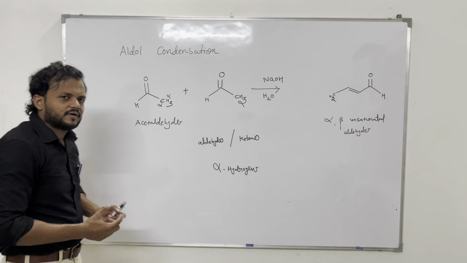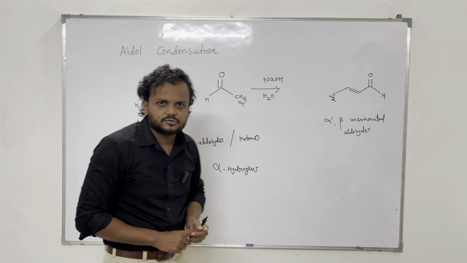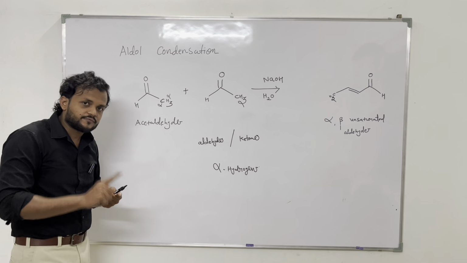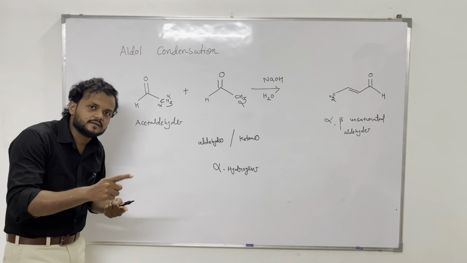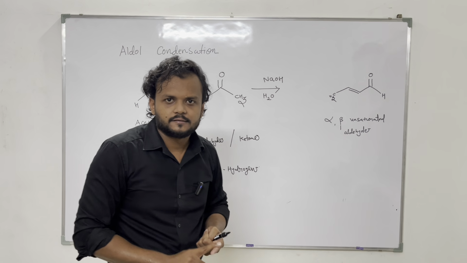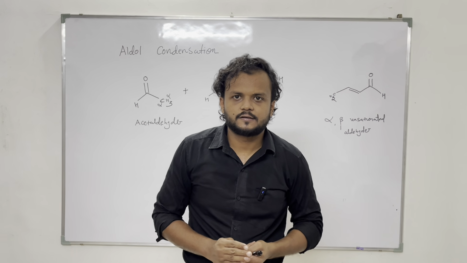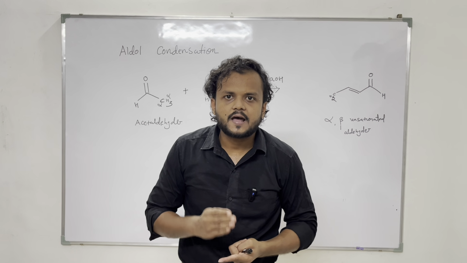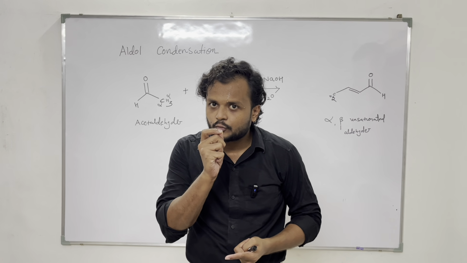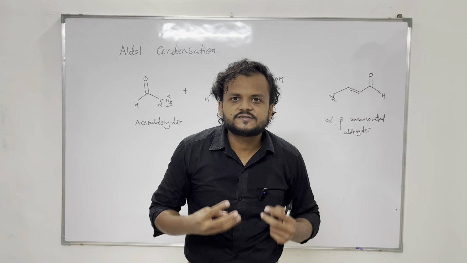So why alpha hydrogens? The first question is to understand why we are choosing alpha hydrogen. The feature of alpha hydrogen is acidity. Alpha hydrogens are acidic, and we are going to use that as a strategy.